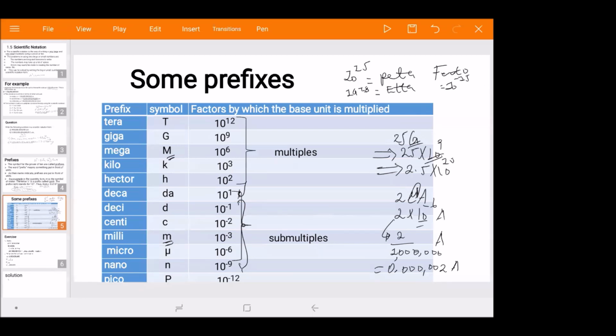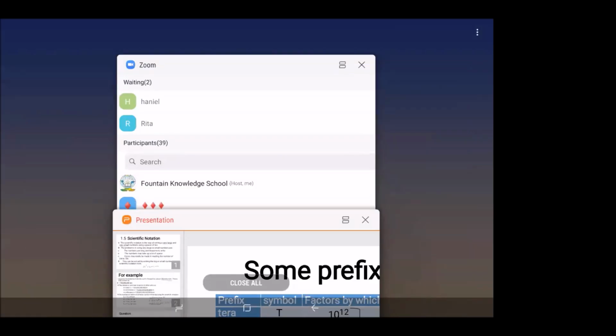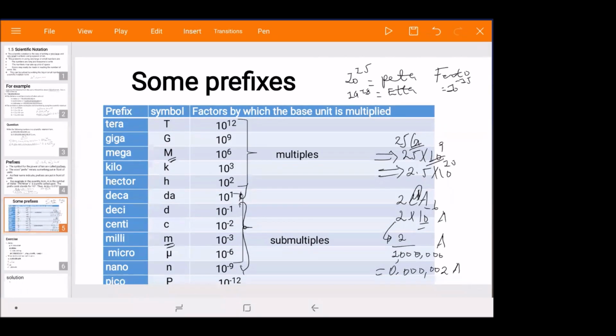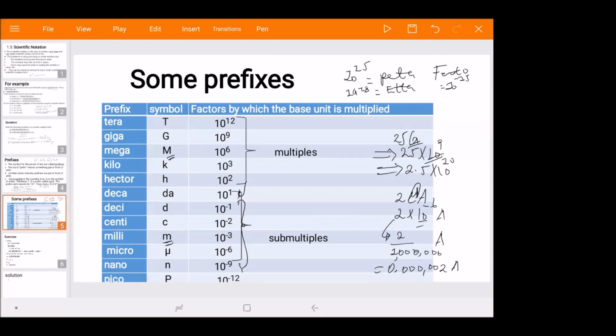We can say nanoampere, milliampere. So by using prefixes, we can express very small numbers and very large numbers, and we can change them to another number or another unit.